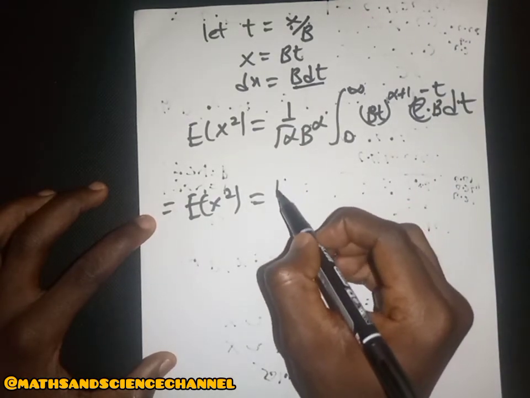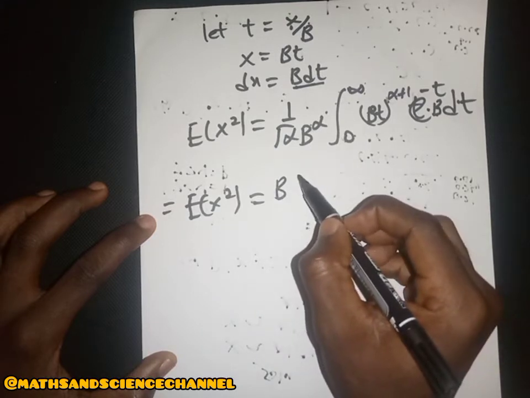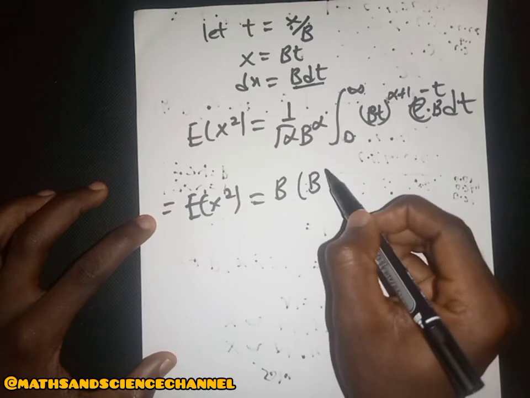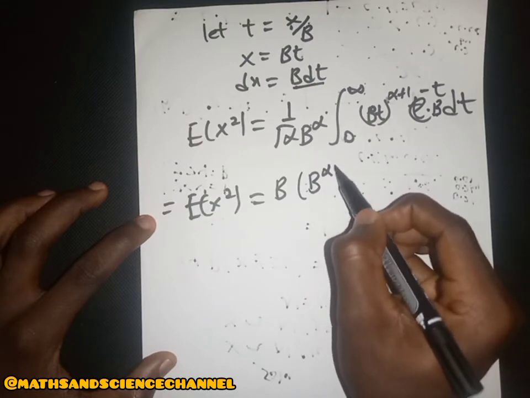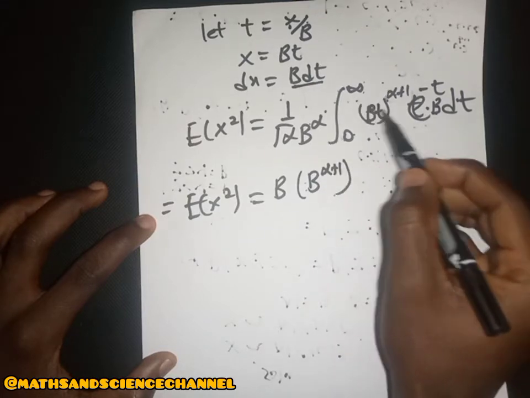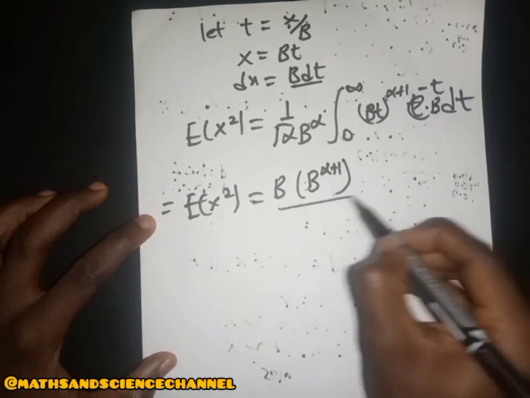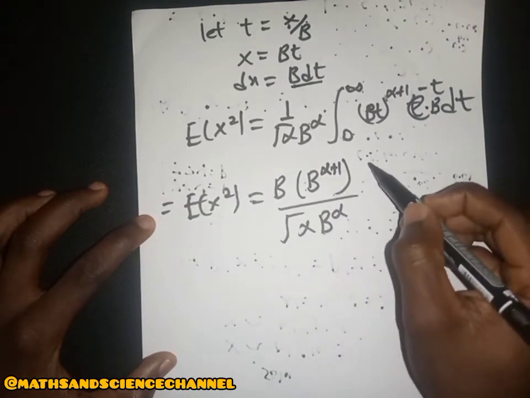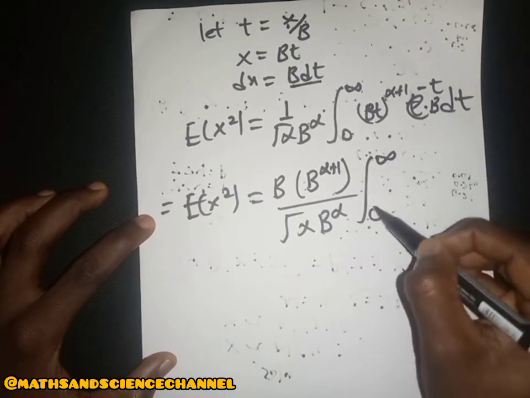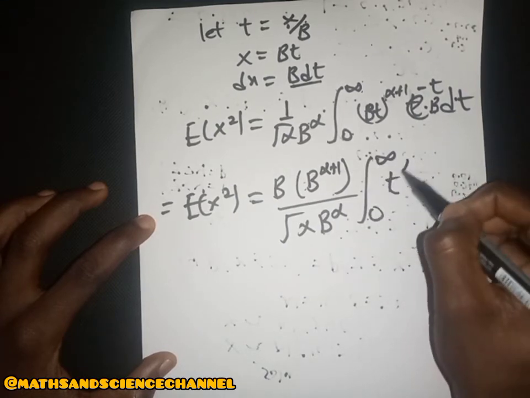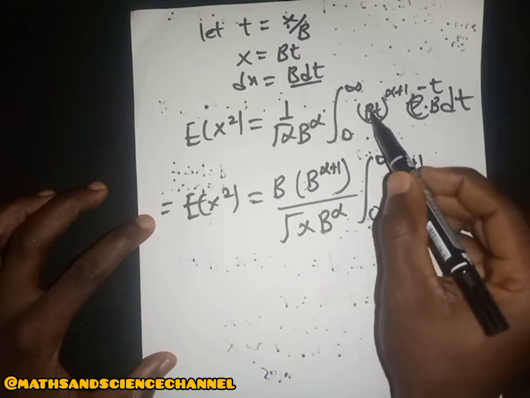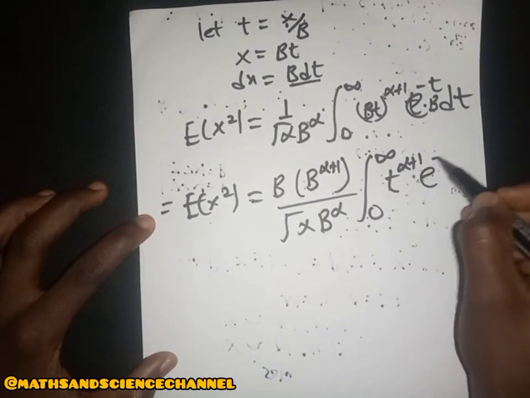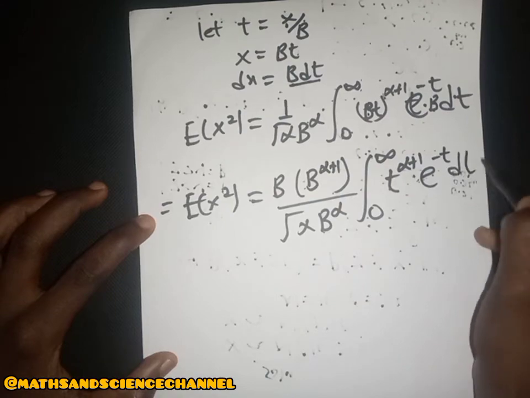We bring beta out, and then we can also bring beta to the power alpha plus 1 outside here, and then divided by the gamma of alpha beta to the power alpha, and then we have this here. So we are just left with t to the power alpha plus 1, because we brought the b to the power alpha plus 1 out here, and then e to the power minus t dt here.